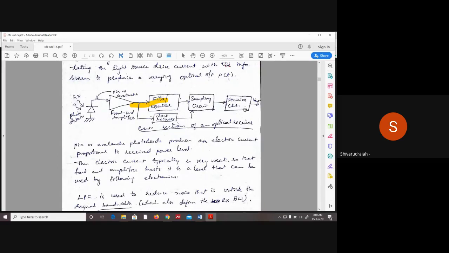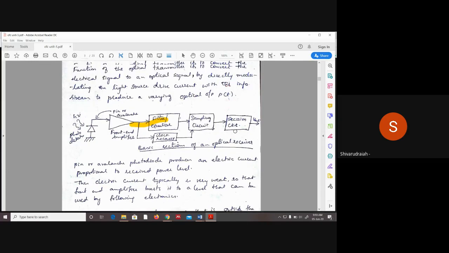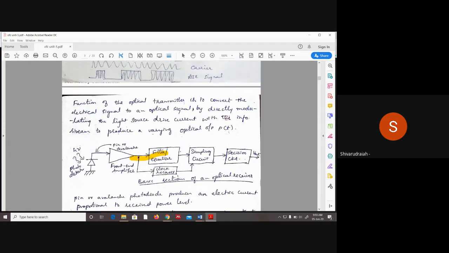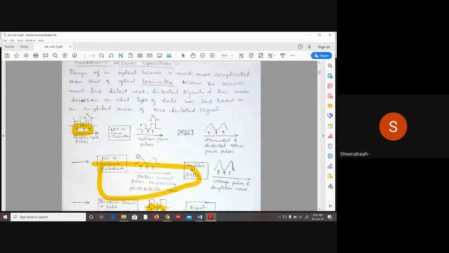And the decision circuit, as I was telling, is used to take a decision based on a certain mathematical model that is being defined, and that mathematical model is going to fix a threshold. Based on the threshold, it is going to distinguish the pulses as logic 0 pulse or logic 1 pulse. Okay. So this is the block diagram of our optical receiver section. So this is the signal flow path. Don't get confused with this.